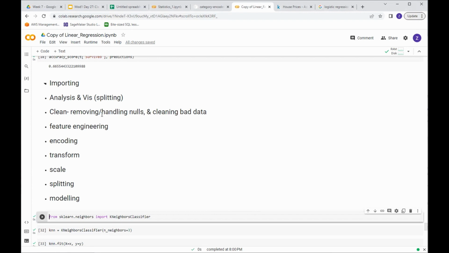You just have to be careful when you're handling null values or bad values to avoid data leakage. And data leakage, the concept that we have gone through earlier, is that you try not to influence the result using the test data. You just want to influence it by using the training data.